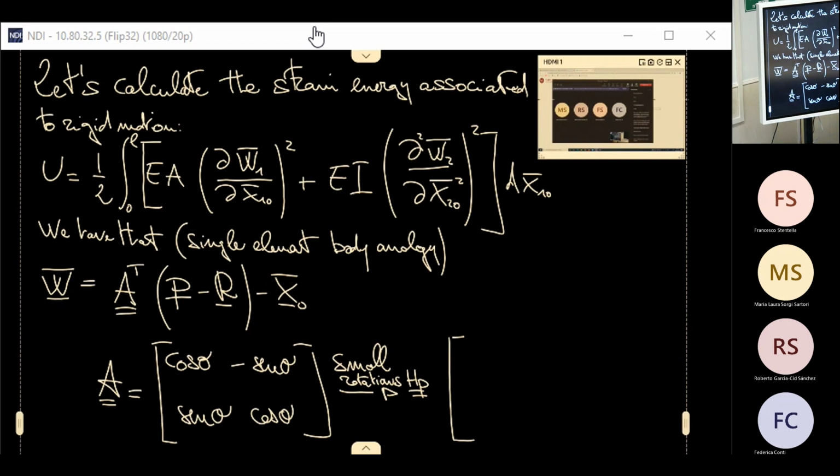We have already seen it, but this has a problem. This matrix cannot be a rotation matrix. Why?